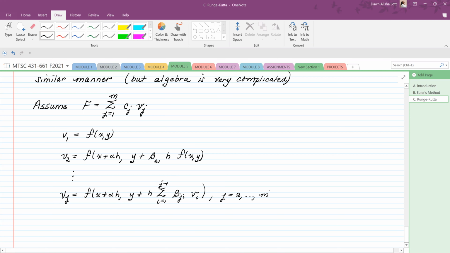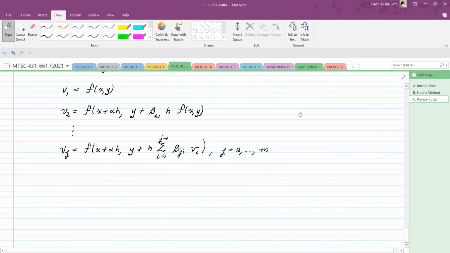So Runge-Kutta is just a fourth order scheme. You can do this and you can make it have as many values as you need.